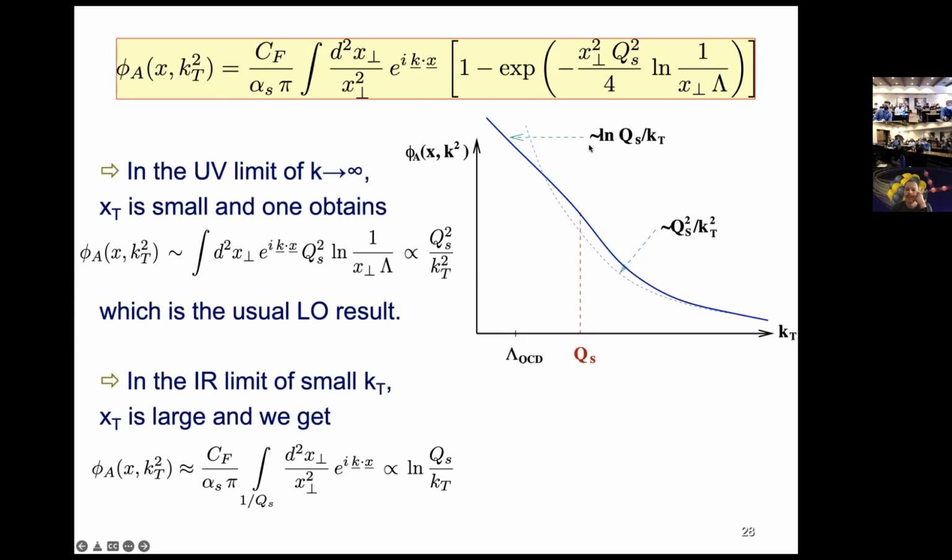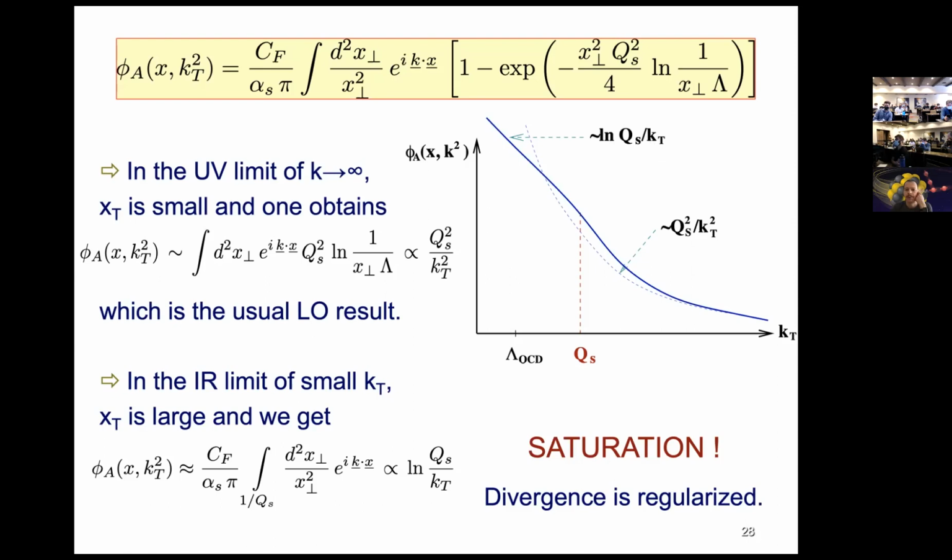But because of the saturation effects, the divergence softened to just a logarithmic divergence, which is integrable over kt. So the divergence is pretty much regularized. There's still a divergence, but it's integrable now. And I can calculate the total number of gluons here while still being in a perturbative regime, still having the qs justifying the small coupling constant.